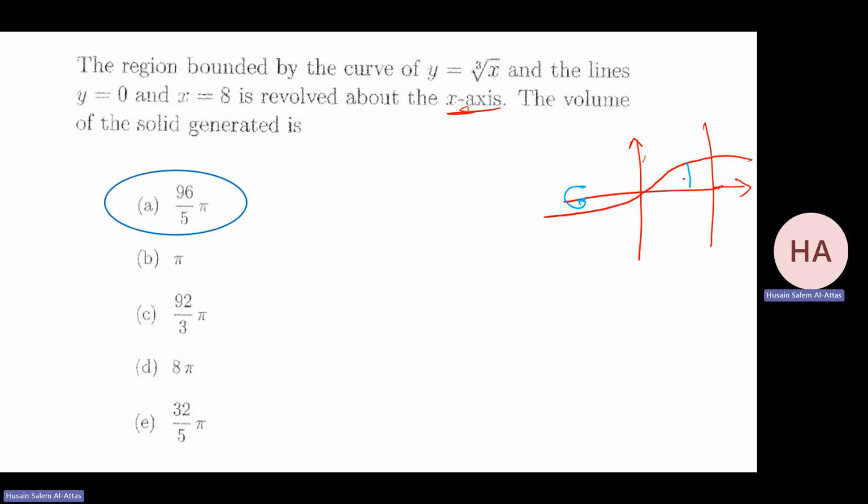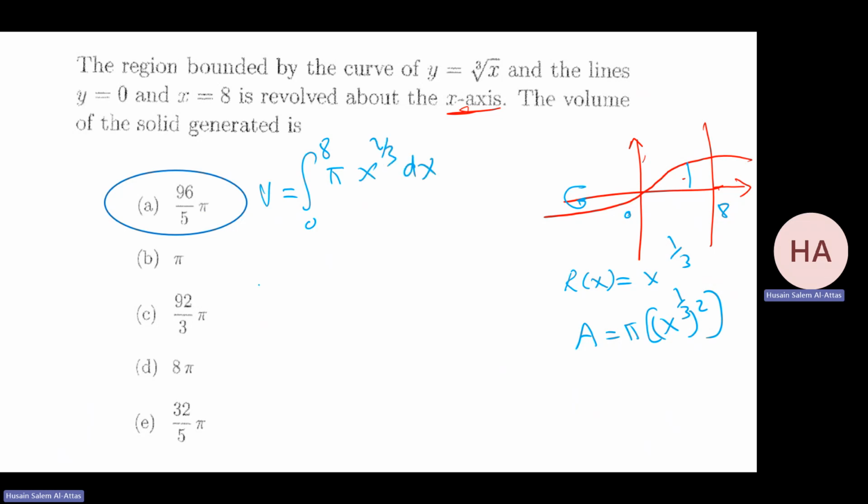So I have r of x. It will be a disk. x to the power 1 over 3. So the volume, this is 0 to 8, will be pi times the integral from 0 to 8 of this square. The area will be x to the power 1 over 3 squared, which is x to the power 2 over 3 dx.